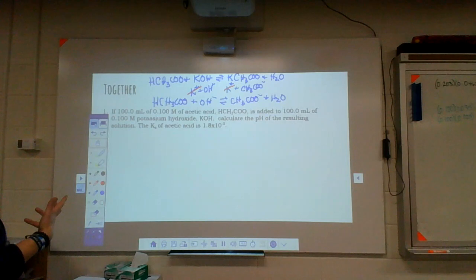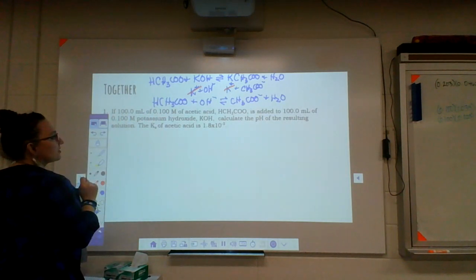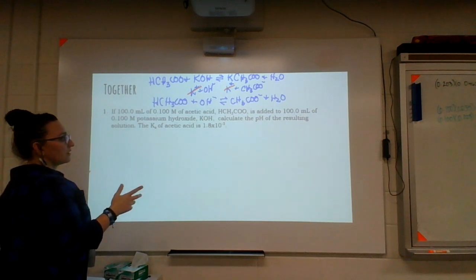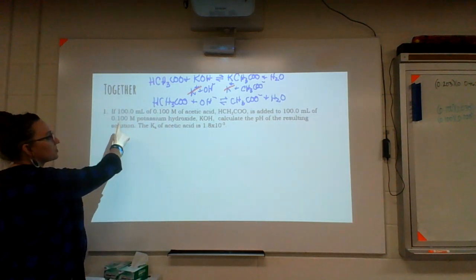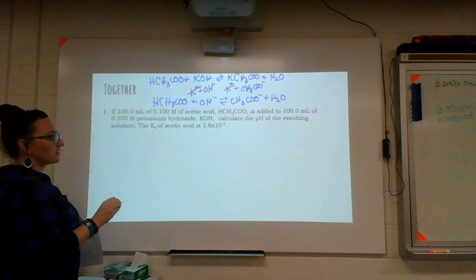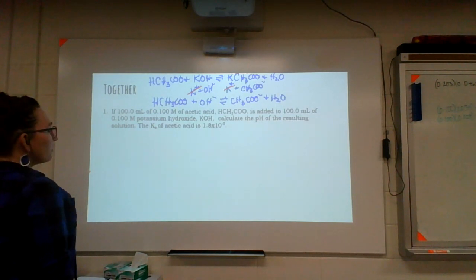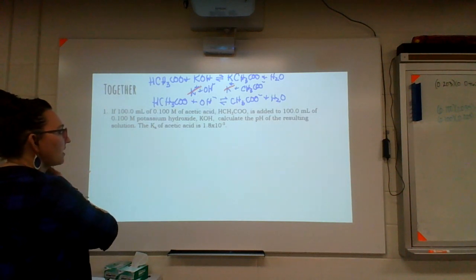Okay, analyzing my moles, I see that 0.1 molar at 100 milliliters comes out to 0.01 moles. And then I have the same situation for my potassium hydroxide. So this is equimolar. So I need to do an ICE analysis in order to find my concentration of hydroxide ions.